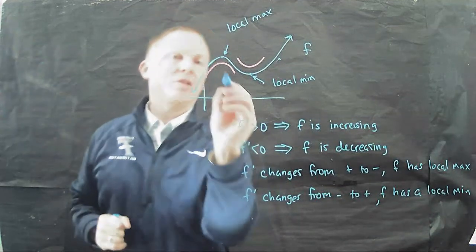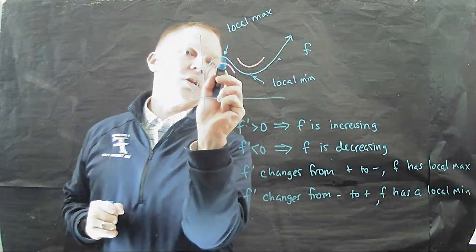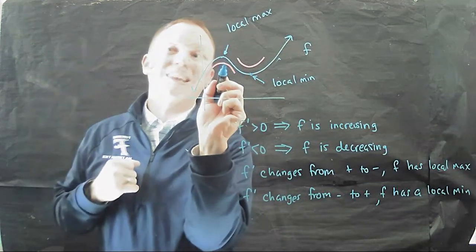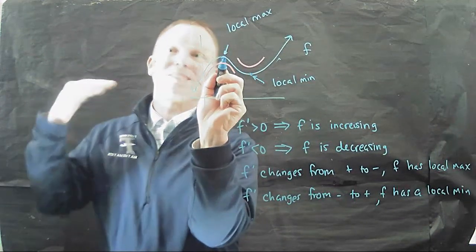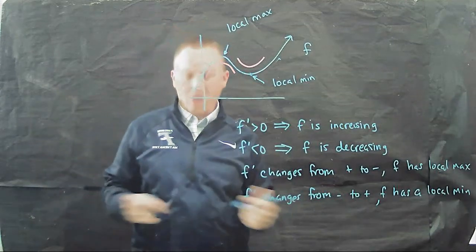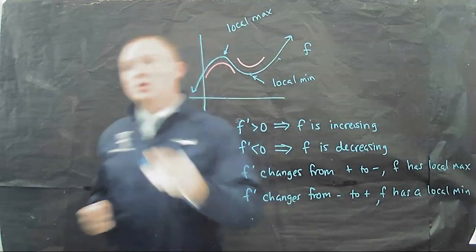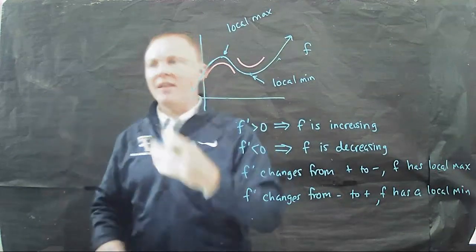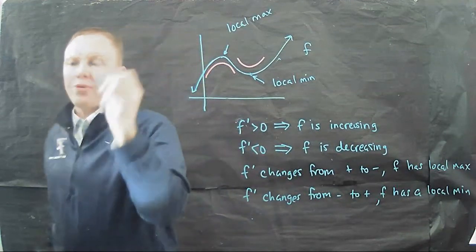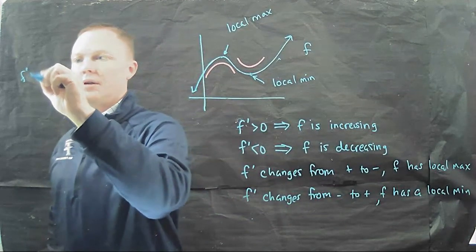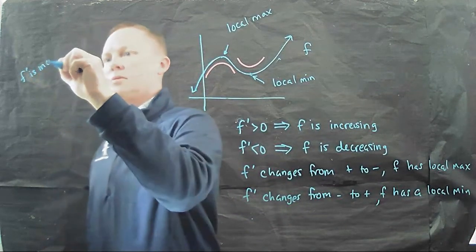And then to the left side of here, yes, this function is decreasing, the derivative is negative, but the derivative is actually getting bigger, because it's becoming less negative as we move this way. So that's what concave up means. If we put the idea of concavity together, three things are going on. f prime is increasing.